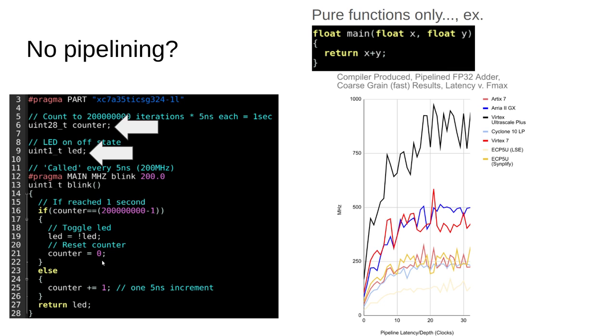So the compiler can automatically pipeline that for you. But if you give it something like a pure function with no state, just pure combinatorial logic inside, it'll pipeline away for you, and it'll graph the results there. And on the GitHub as well, more results.